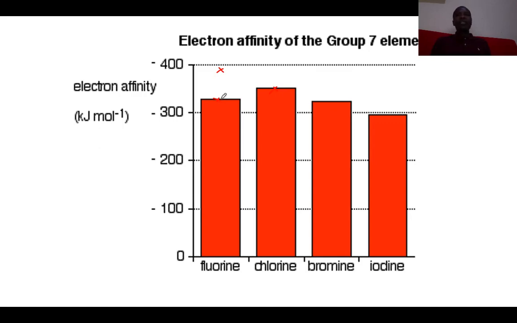Because the electrons are so close to the nucleus, there is greater attraction. And because of that particular reason, we expect that the incoming electrons will be repelled more. But the general trend, you can easily see how everything is decreasing generally. So those are the few trends.